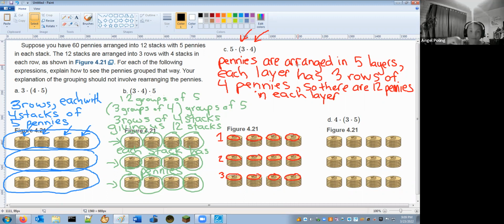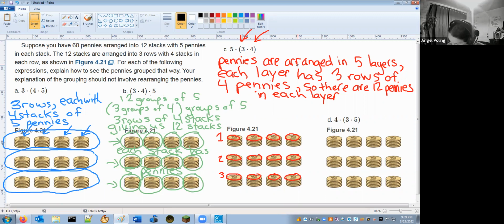There we go. 4 columns. Each column has a set of 3 stacks, and each stack has 5 pennies. I don't mind this one. The hardest one for me was C. That was awkward.